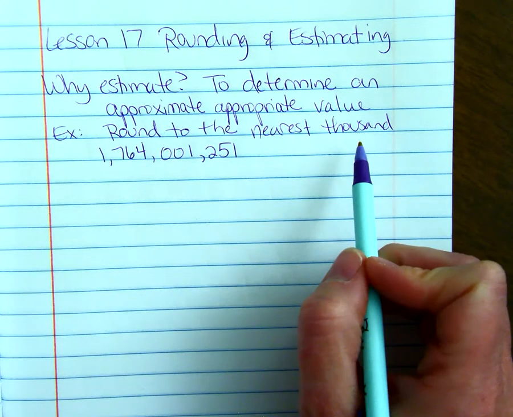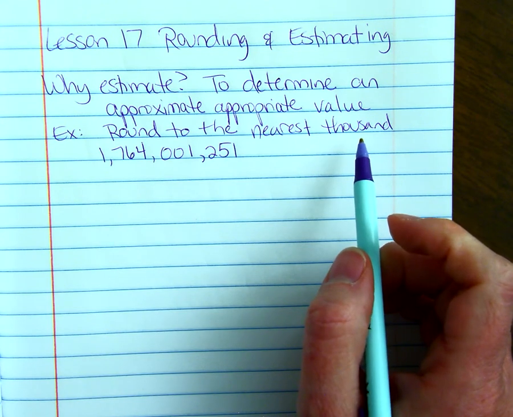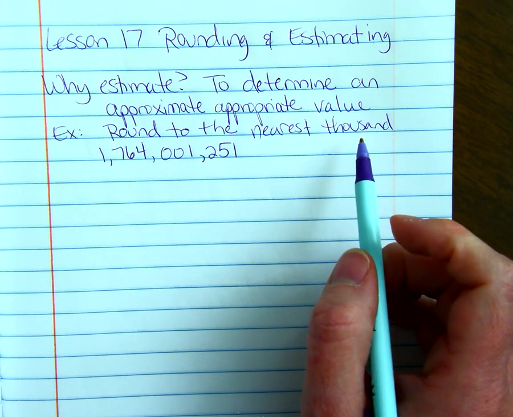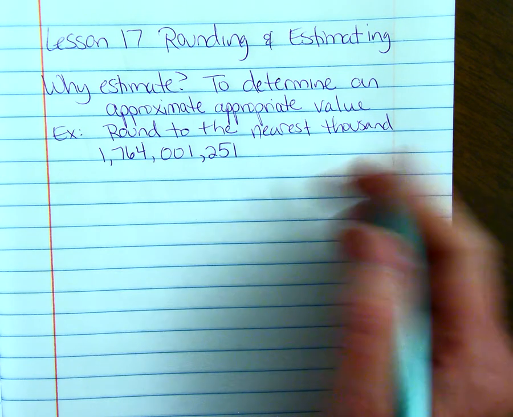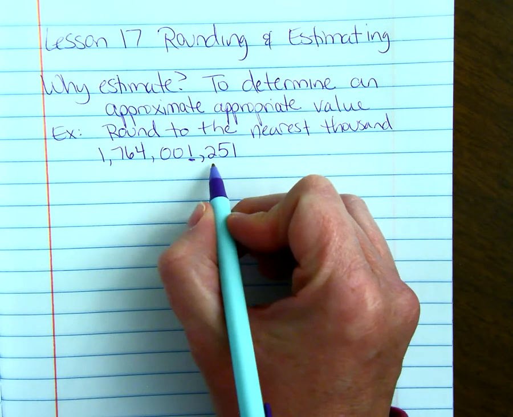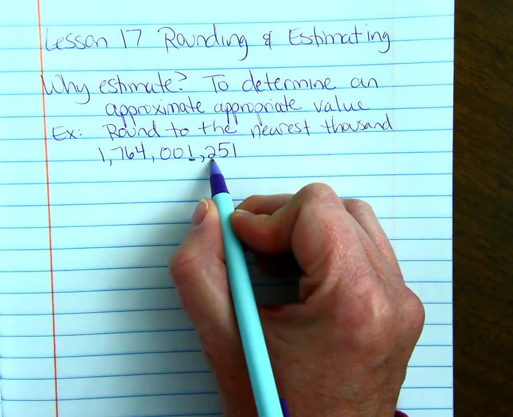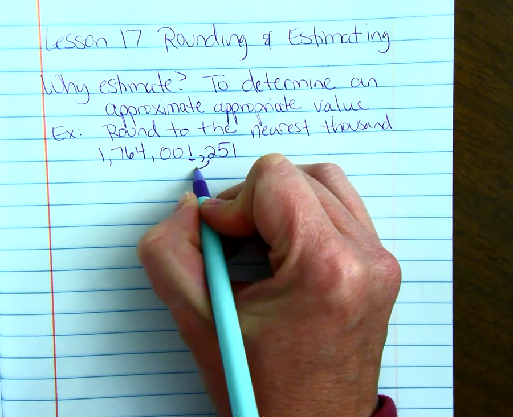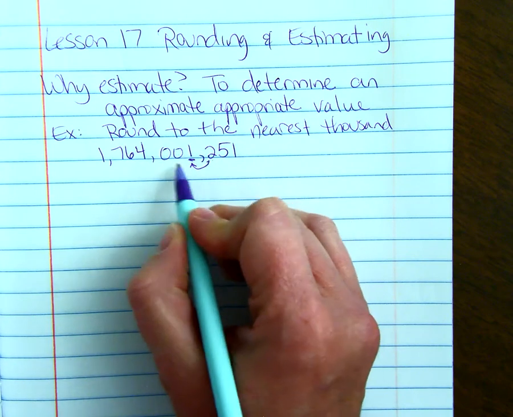If we're going to round to the nearest 1,000, first we have to find the thousands spot, which is right here. Then we look at the number after that, so the number 2. If it's less than 5, we leave this one the same.